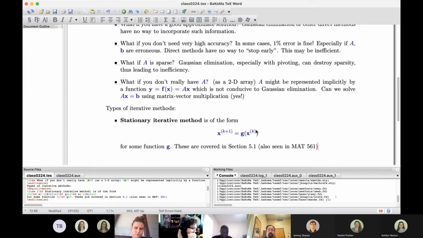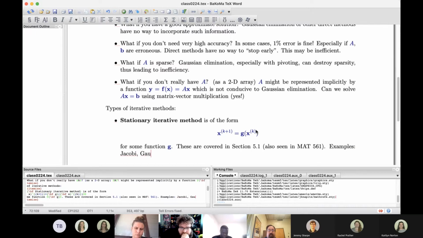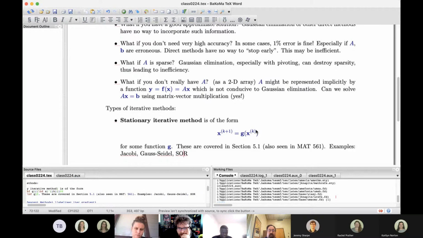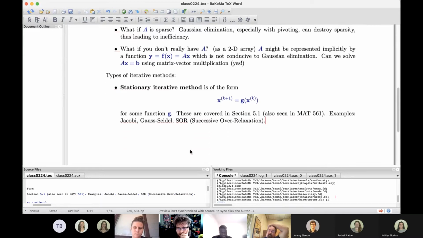If you took 561 with me last year, they were covered then. So some examples are the Jacobi method, Gauss-Seidel, that's probably most often used, also SOR, which stands for successive over relaxation. And all these methods are very closely related.